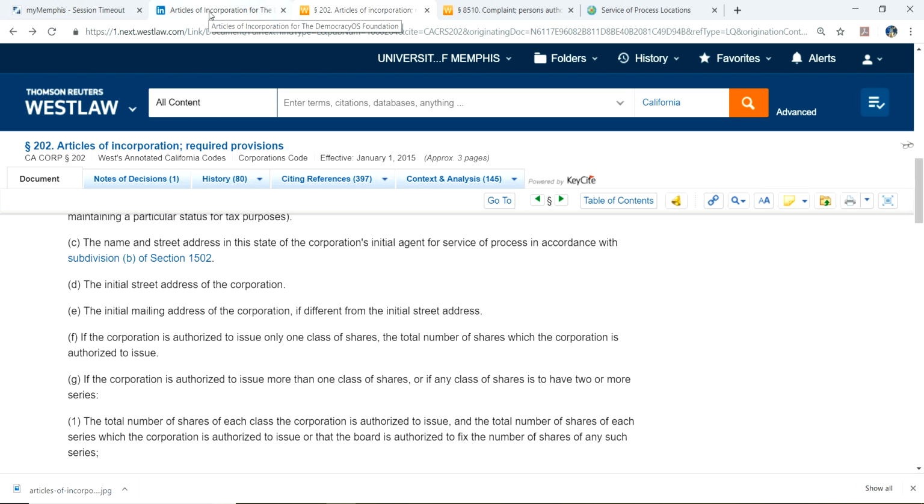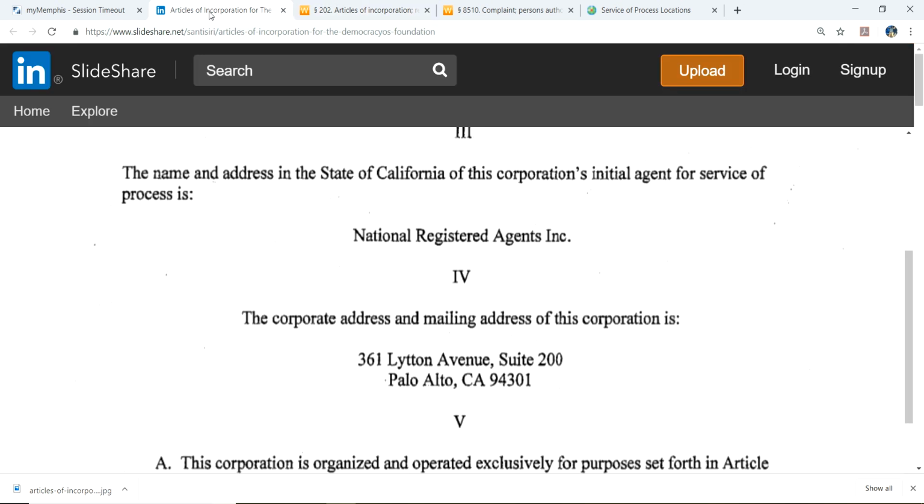According to statute, the name and address of the initial agent of service of process must be contained. And what we see here, the initial agent of service of process is National Registered Agents Inc.